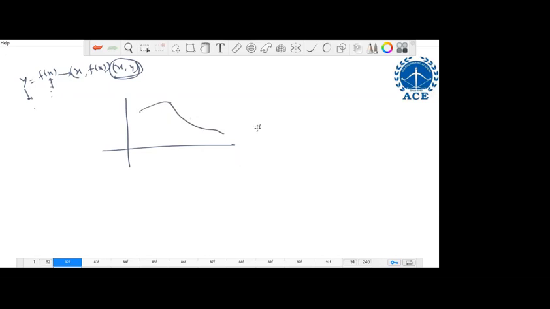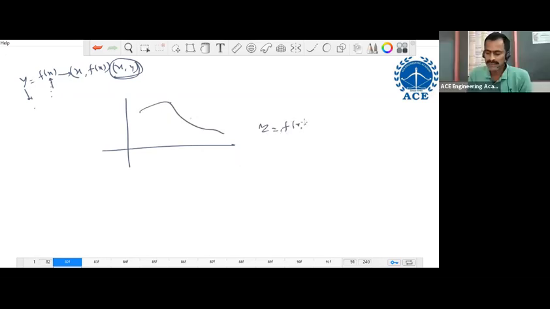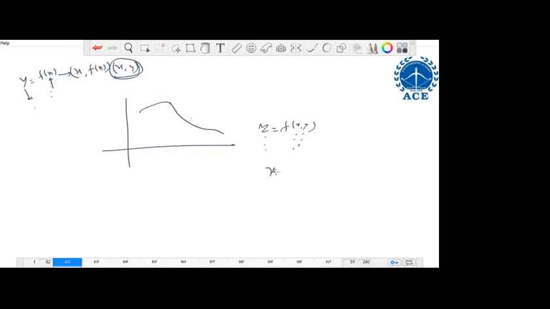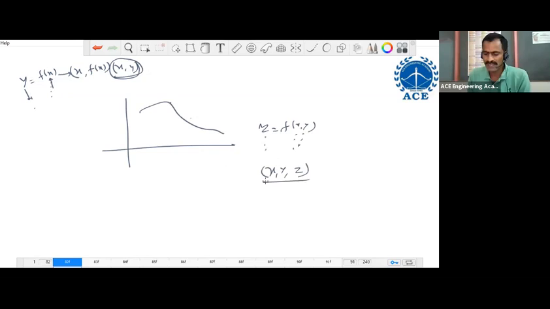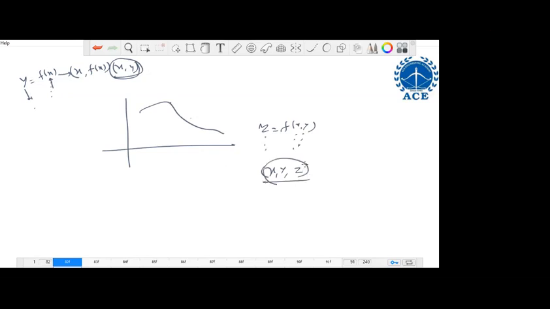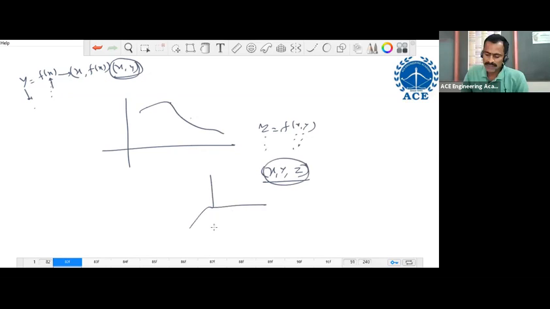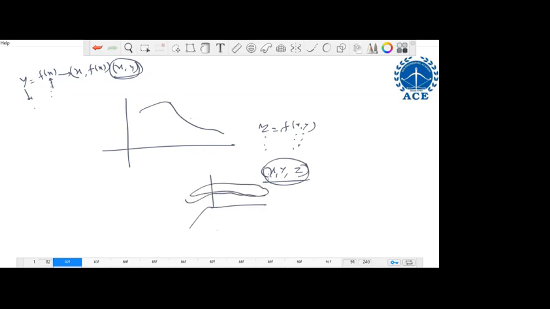For z equal to f of x, y, if we give some values for x and y, we get some values for z. Then we write all inputs and outputs together. It is just like a 3D coordinate geometry point. We plot all these points in 3D space and join them, then we get a surface of some object. Got it?